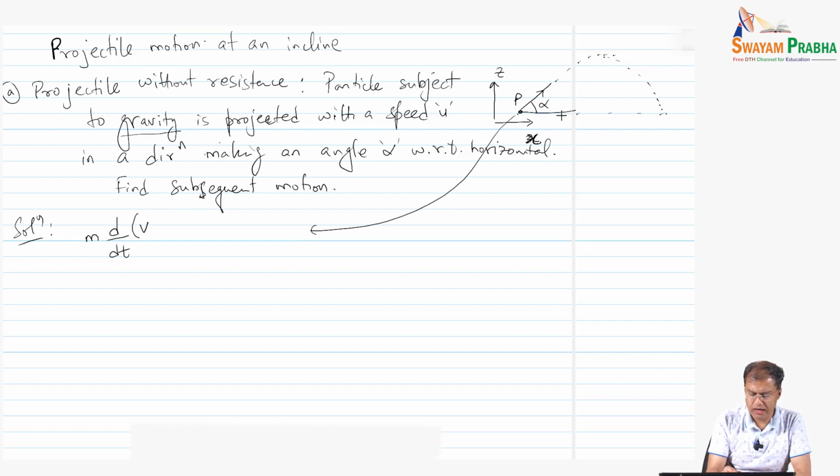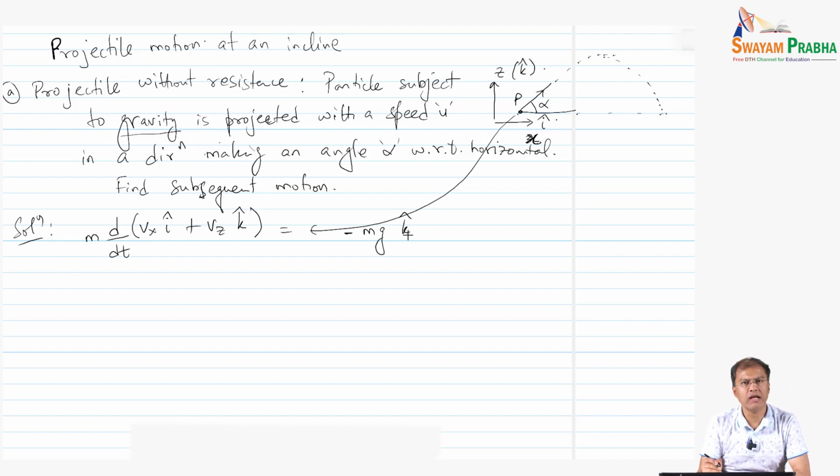One is the vx along the x direction, and the other one is along the z direction, so vz k, and then this is equal to the weight of the particle. So this is minus mg k hat, right? So that's the only force acting on the particle. Let me call this equation 1.